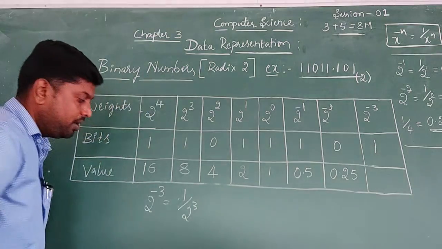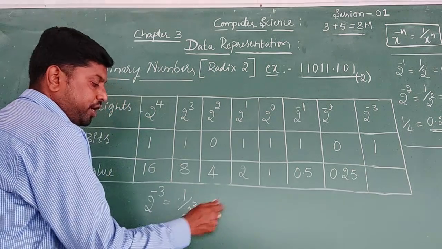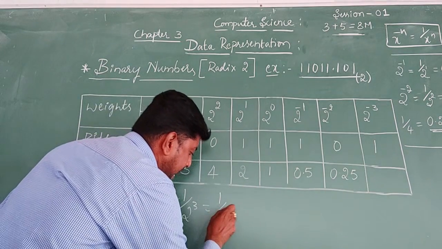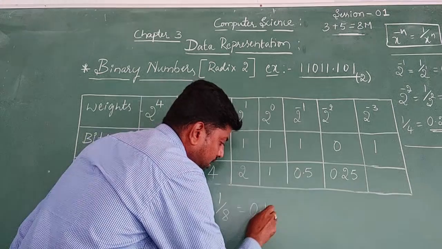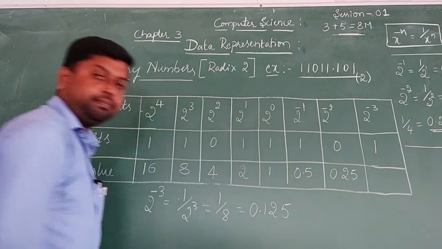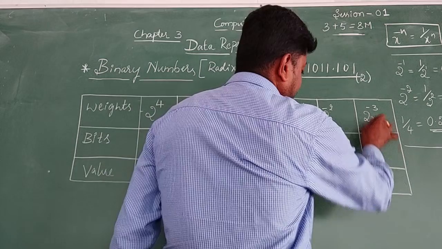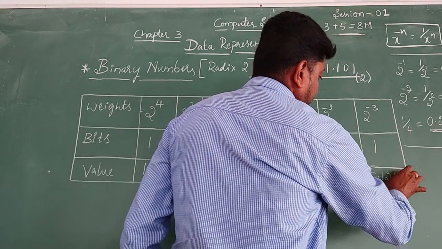You know already 2 to the power of 3 means 2 into 2 into 2. So 4 into 2, 8. So 1 divided by 8. Then what is the value of 1 divided by 8? 0.125. The value of 2 to the power of minus 3 is 0.125.